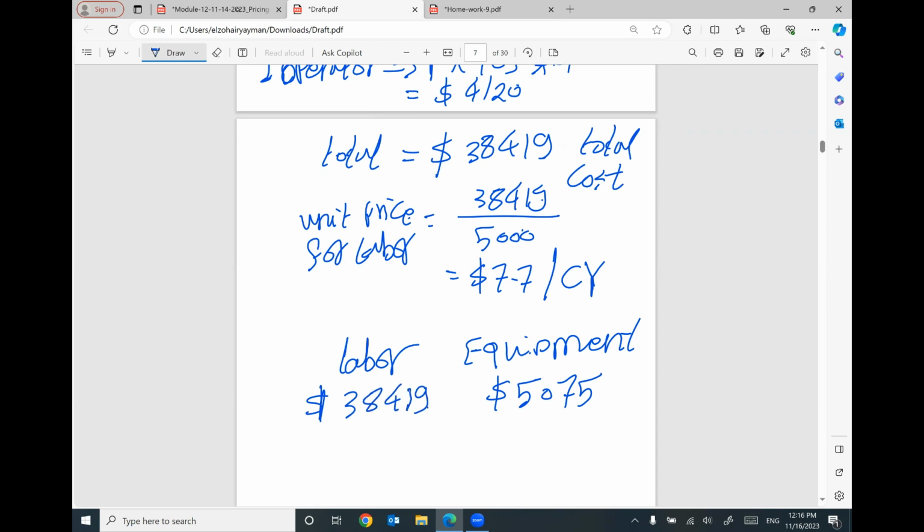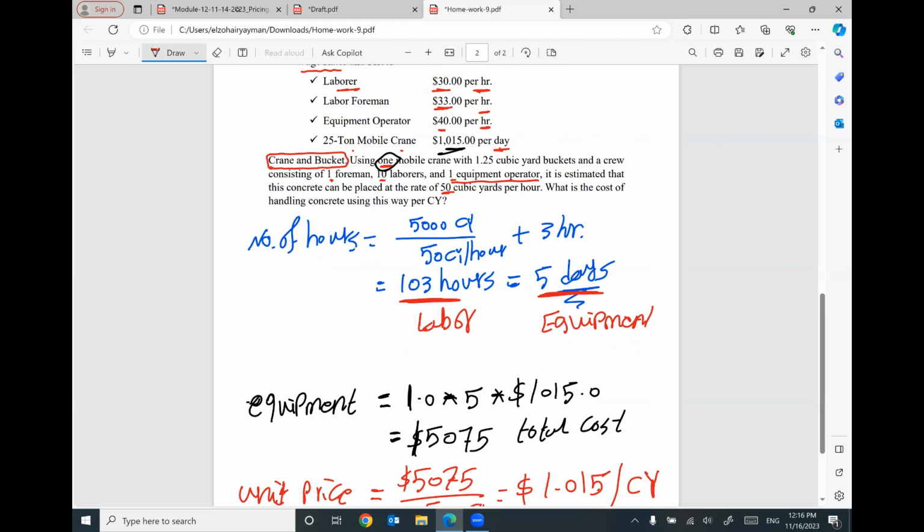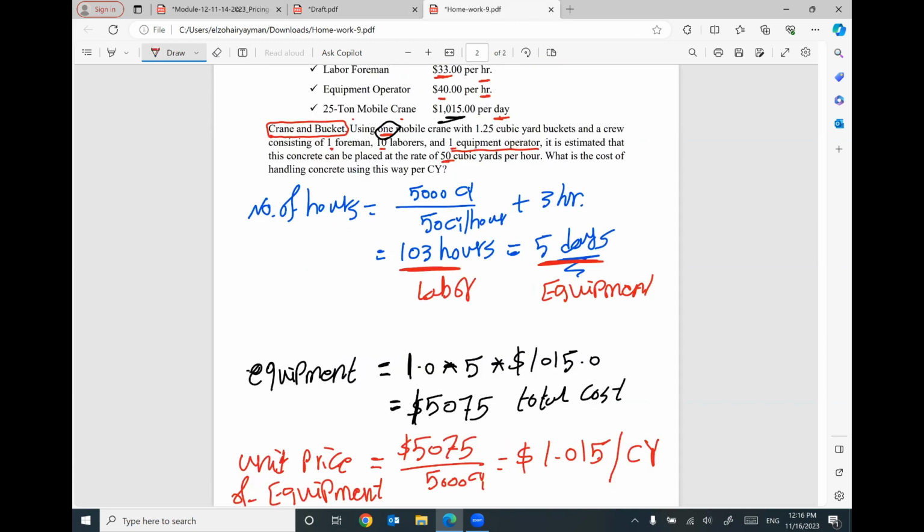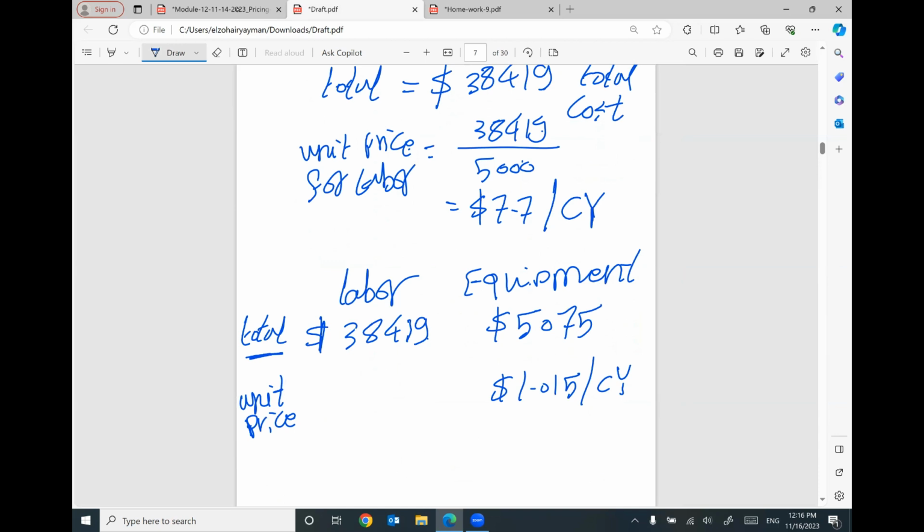This is the total cost to pour all 5,000 cubic yards. If you would like to figure out the unit price for equipment, the unit price was $1.015 for each cubic yard. For labor, the unit cost will be 7.7 for each cubic yard.